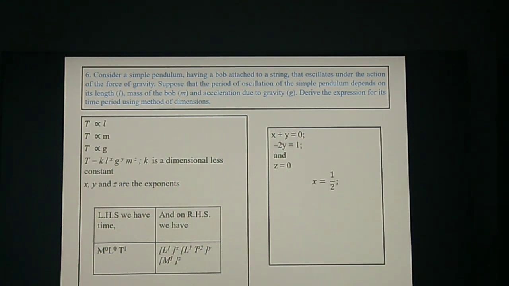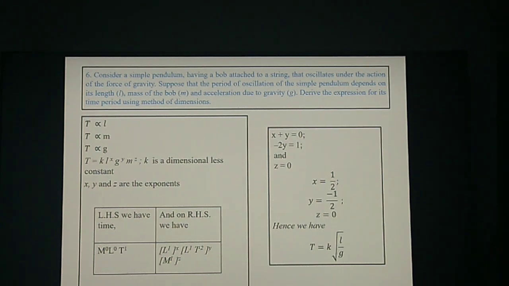Clear? So by simple equations, x is equal to 1 by 2, y is equal to minus 1 by 2, z is equal to 0, and finally we come to this equation where t is equal to under root l by g, and there is that proportionality constant that we had removed, okay, that comes into the picture as k.